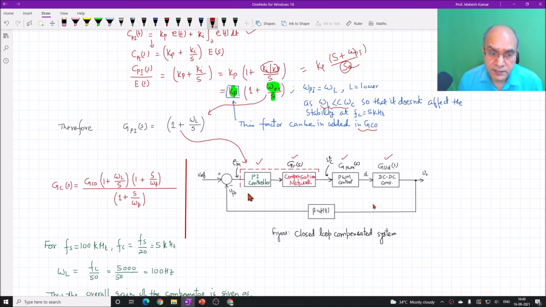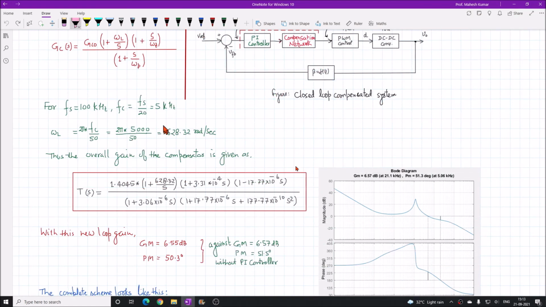The new compensator has a new gain, the combined PI and lead compensator. So GC0 into 1 plus omega L by S is for the PI controller, and this is for the lead compensator. The overall transfer function with PI controller and the phase lead compensator is given by this.